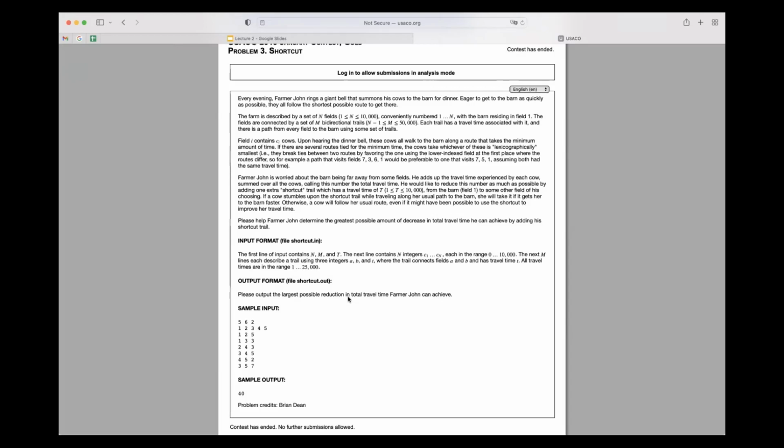The parent is the node that goes to it. So when a cow goes from node X back to node 1, the parent is the next thing it'll go to, and then the next thing, and so on. If we're able to construct the parent of each node, then we can construct a tree, the shortest path tree. And once we construct the shortest path tree, we can easily query what the answer is.